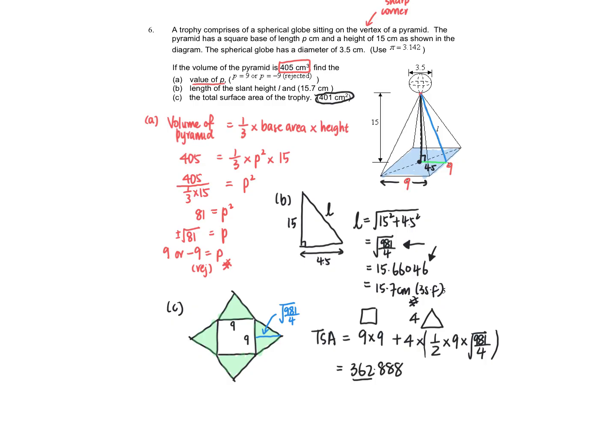I miss out on the sphere. So must also add in the sphere here, which is 4 pi r square. So my r is not 3.5, my r is 3.5 divided by 2. So 3.5 divided by 2 is 1.75. So put in the 1.75 here. Okay, so go and add it all up.